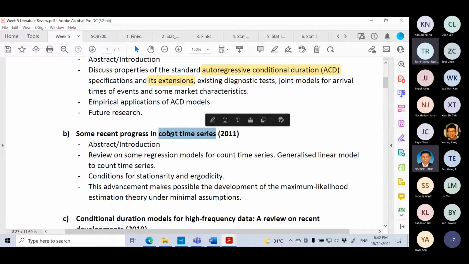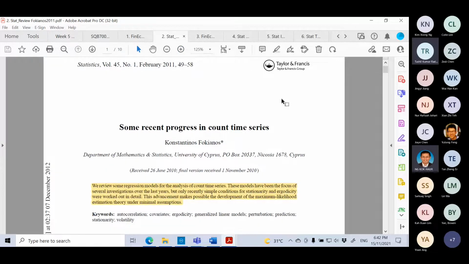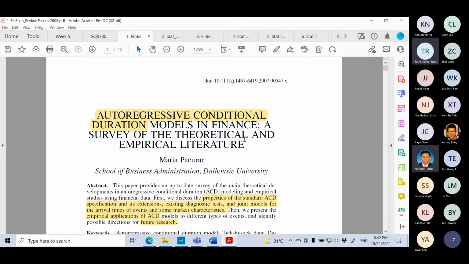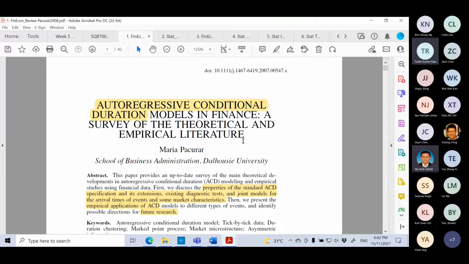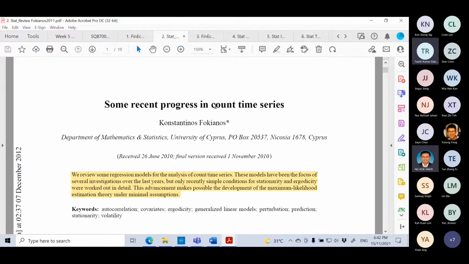This second survey paper is not as comprehensive as the first paper, which tells you in detail about the formulas. In this survey paper, they only review some models, called regression models for the analysis of count data, which they call generalized linear models.